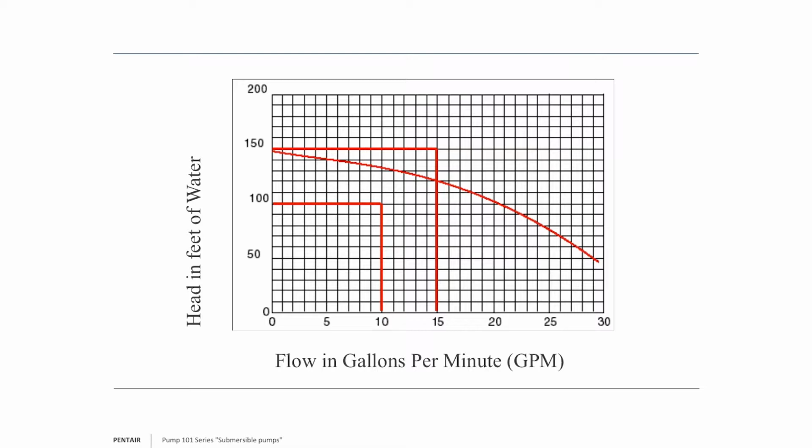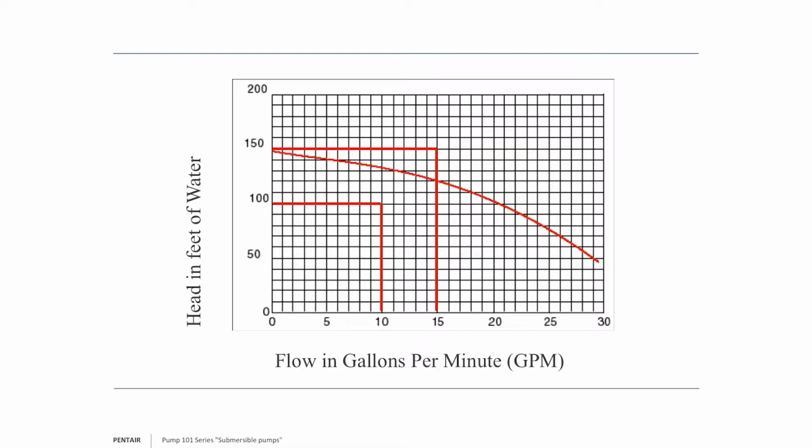Remember, this is a single speed unit. It can only do what the curve will allow it to do. So if I restrict the flow to 10 gallons per minute, that means my discharge would be 132 feet of head. If you will, extend that 10 gallons per minute line straight up and you'll see it crosses at 132 where it meets the curve.